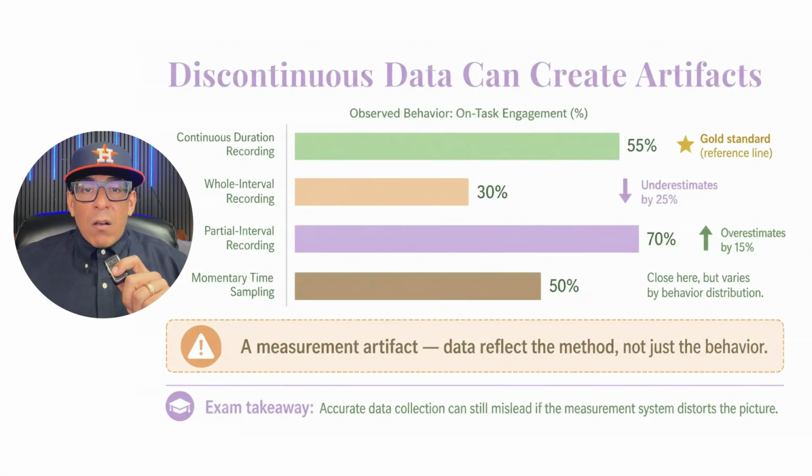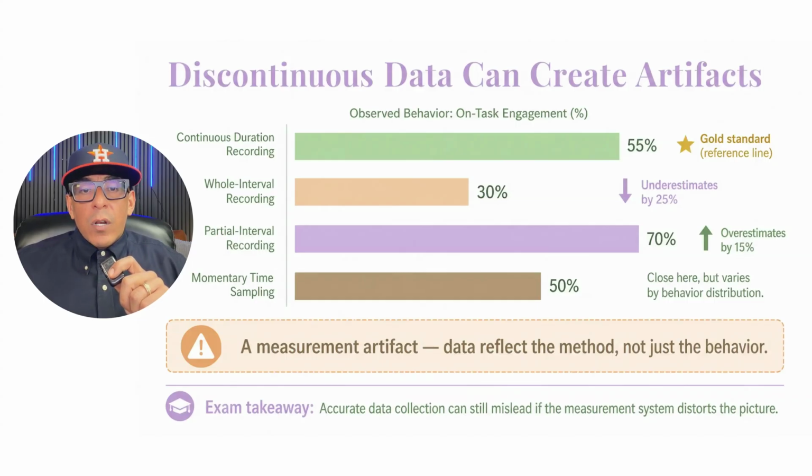A measurement artifact is something that appears to exist because of the way it is measured. Discontinuous measurement can create artifacts because the data may reflect the measurement system rather than an accurate portrayal of behavioral events. In Cooper, figure 4.8 compares the same behavior measured by continuous duration recording, whole interval recording, partial interval recording, and momentary time sampling. Continuous duration showed that the behavior occurred 55% of the observation period.